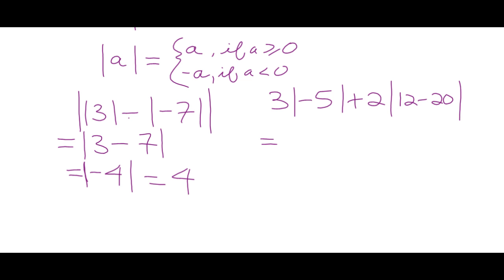If there's an expression inside, like 12 minus 20, then you have to evaluate that first, and then you do the absolute value. Think of order of operations, BEDMAS. So this will be 3 times 5 plus 2 times the absolute value of negative 8.